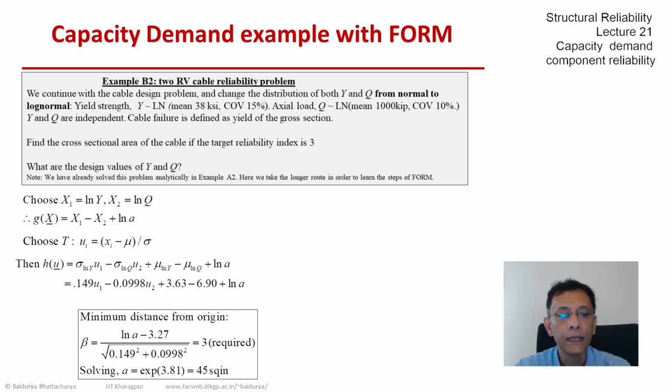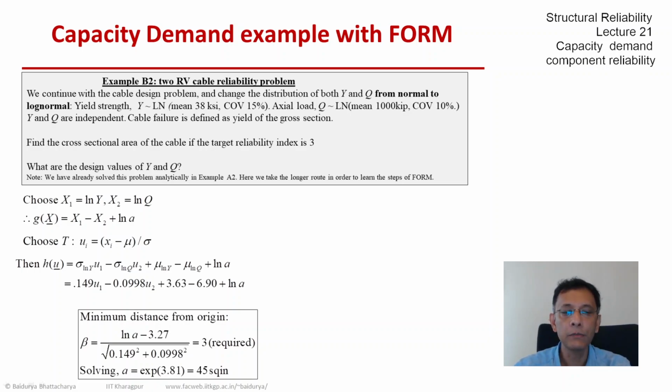But interestingly, our previous answer when both were normal random variables was 50 square inch. So now we have 45 square inch, and this is just a reminder that the answer to any reliability analysis not only depends on the mechanics, but depends on the underlying assumptions in the probabilistic aspect of the problem, as well as the method taken to solve the problem.